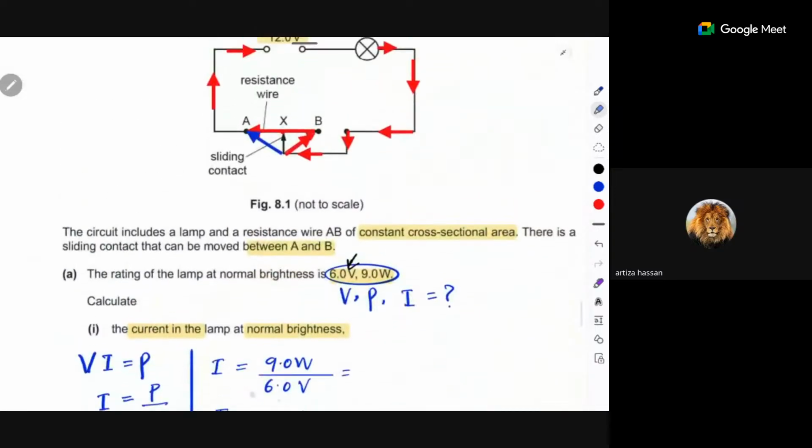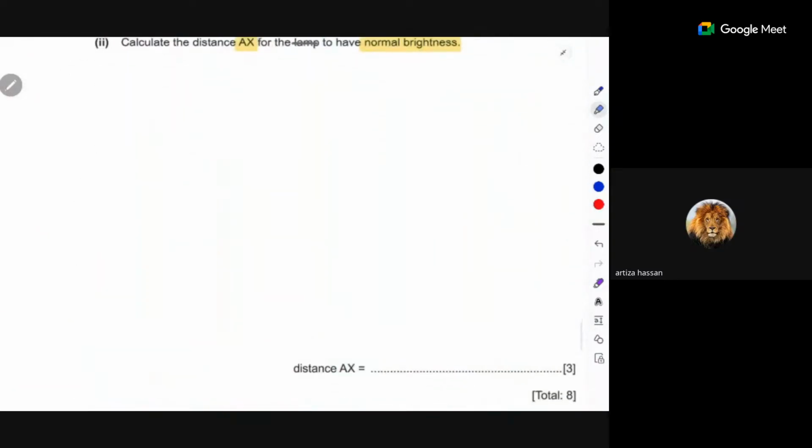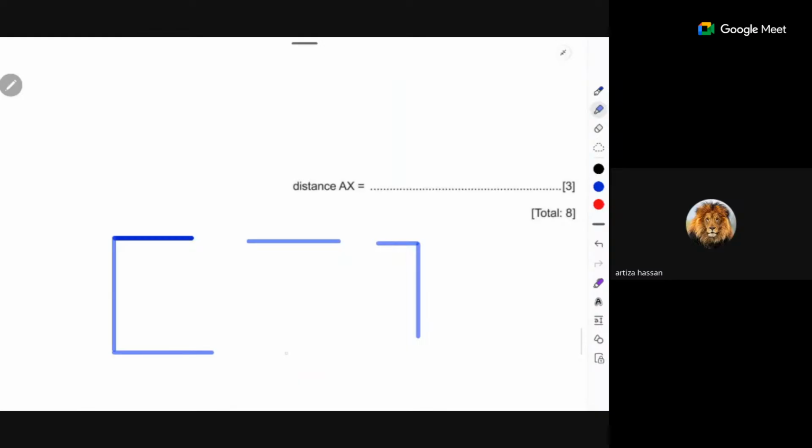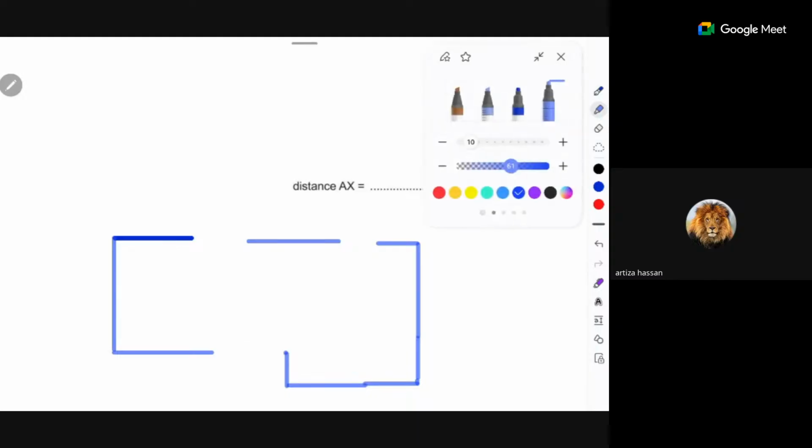There is a point X. Let's say I have a wire, and that wire is this much.